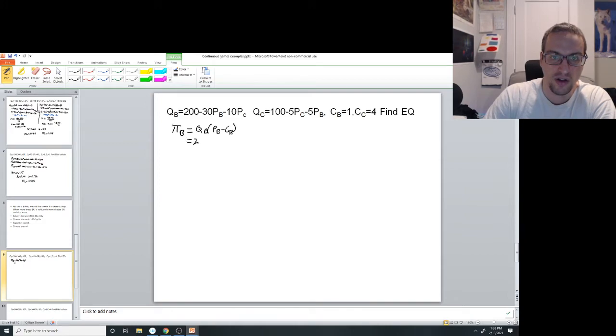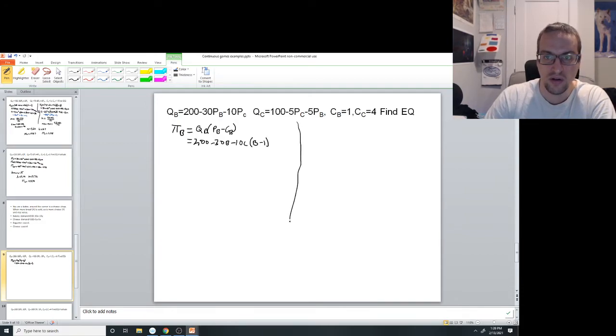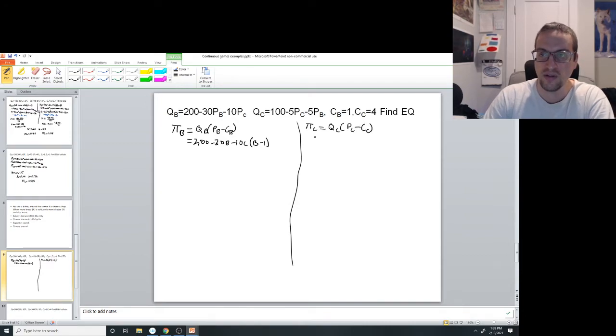This is 200 minus 30B minus 10C times B minus 1, right? And for C, the same thing: profit of C is quantity C times price of C minus cost of C. Okay.